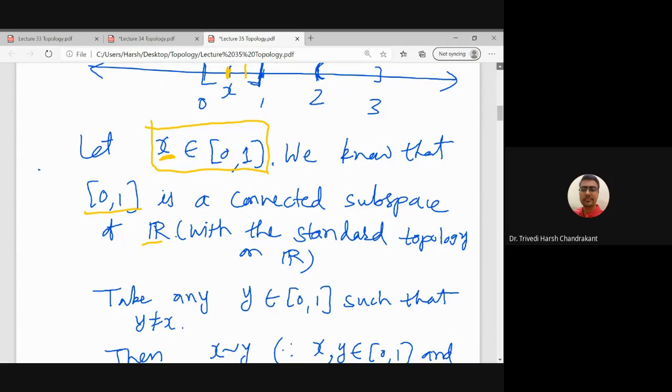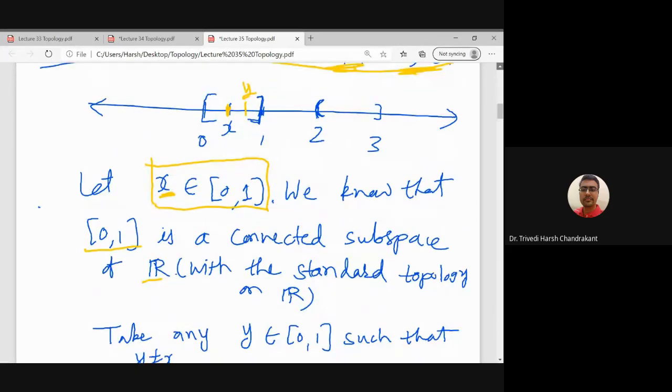subset of capital X. So does there exist any connected subset of this set capital X which contains a point of the closed interval [0,1] and another point of the interval (2,3]?